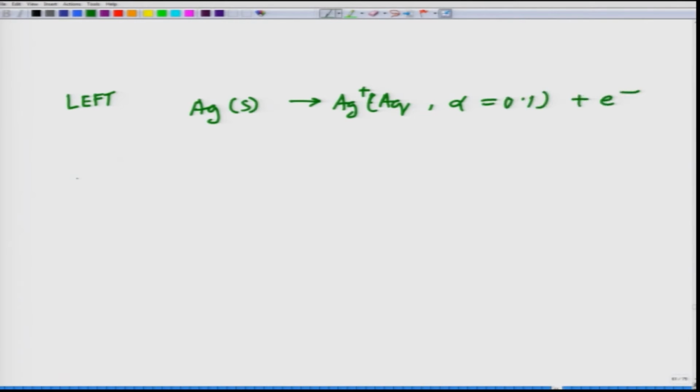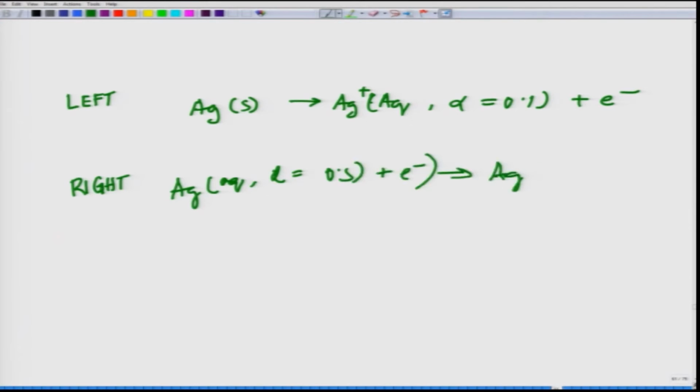Now, if we see the left and the right reaction, as we always say, we first have to understand the reactions, what is happening at the left and the right hand side. On the left hand side, the reaction is Ag solid giving Ag plus aqueous 0.1 plus electron. Similarly, on the right hand side, it is Ag plus aqueous, concentration 0.5, plus electron, giving you Ag solid.